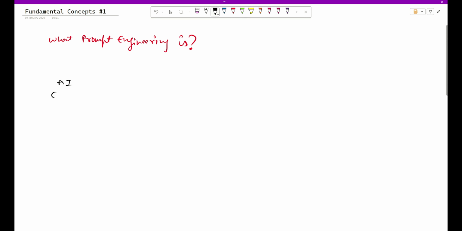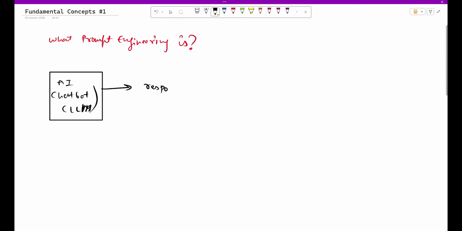There is something called an AI chatbot, which I'll be referring to as LLM. Okay, now this thing gives out something called a response, but to get this response, you need to provide it a prompt.